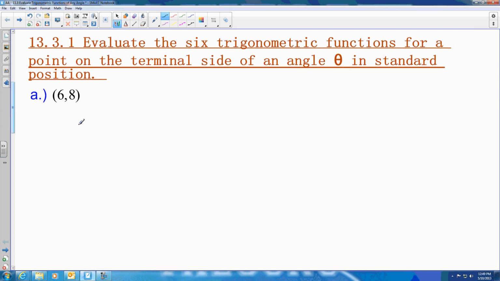Kind of like what we have here in our examples A and also example B, which is on the bottom. First thing they want you to do is evaluate the 6 trig functions for a terminal side of an angle theta and then put it in standard position.